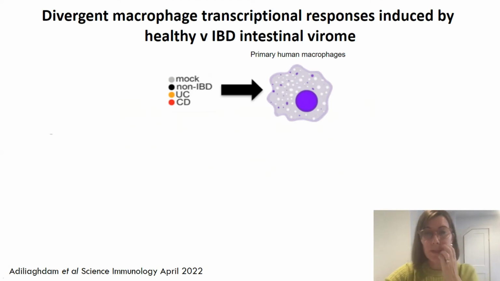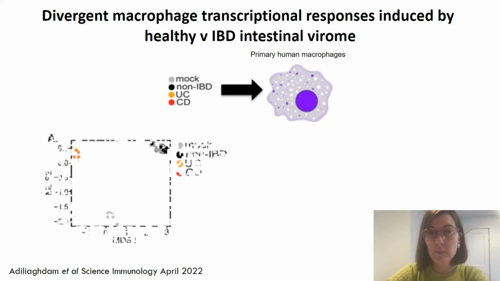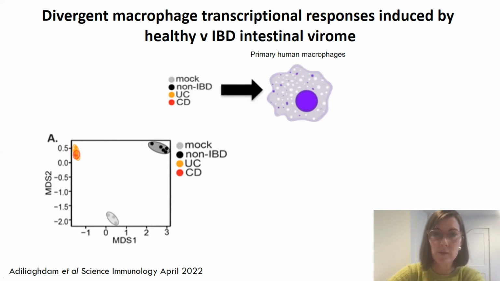We took the macrophages after delivering these viral-like particles from the intestinal resections to them, and then we performed some sequencing. The RNA-seq was quite a profound initial result. This is the MDS plot of the transcriptional program induced in macrophages by viruses from non-IBD individuals.